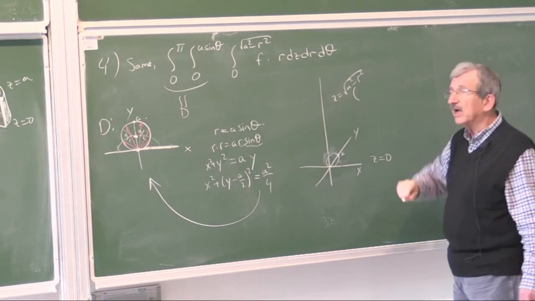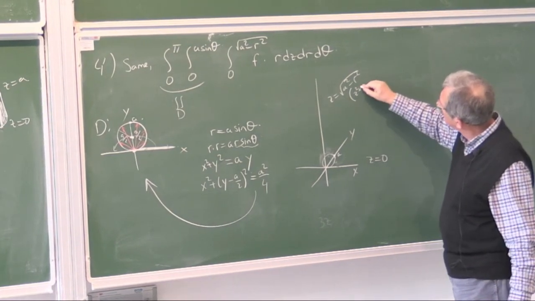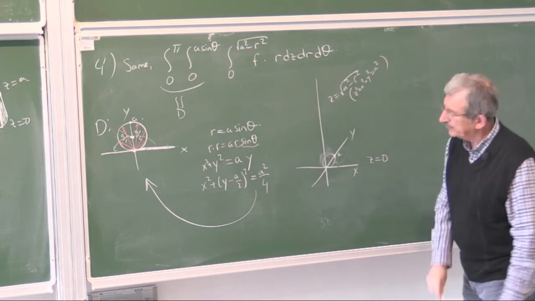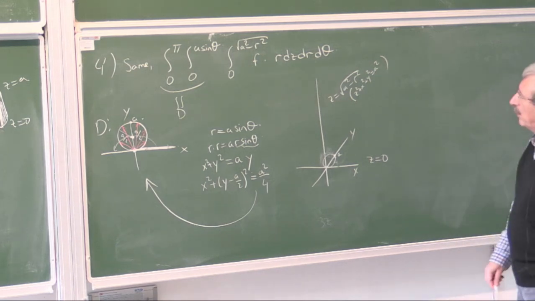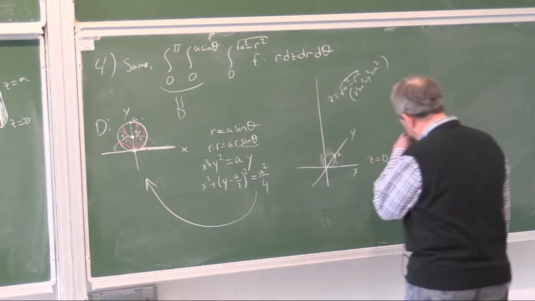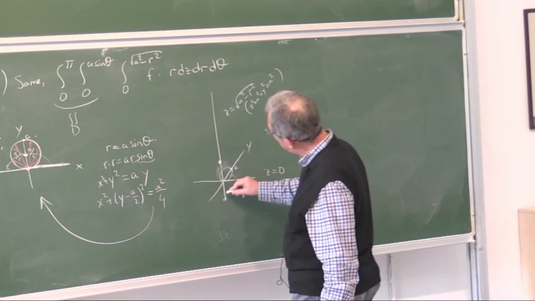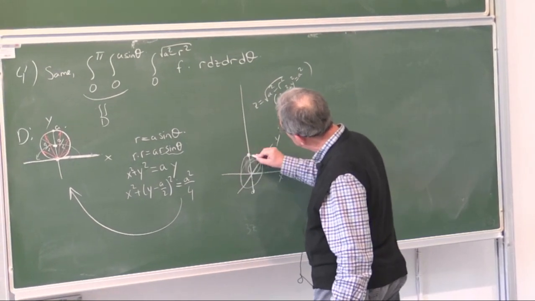Well, to recognize what it is, squaring, it would mean that it's a sphere of radius A. So we get such a sphere.